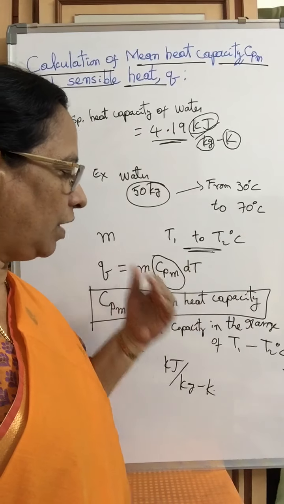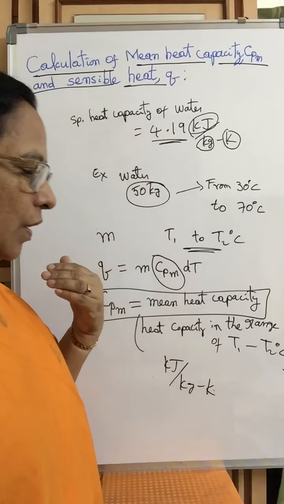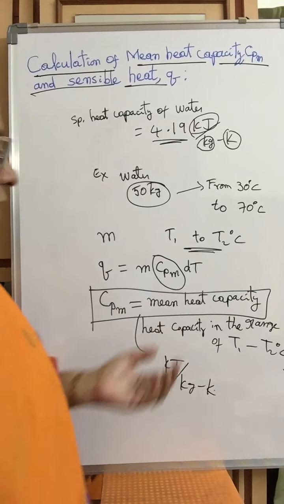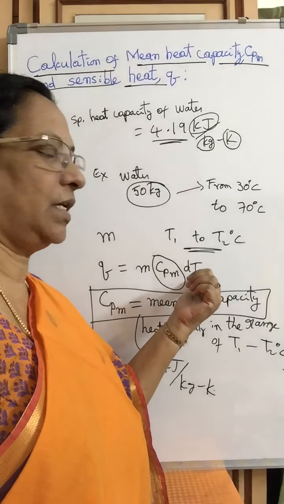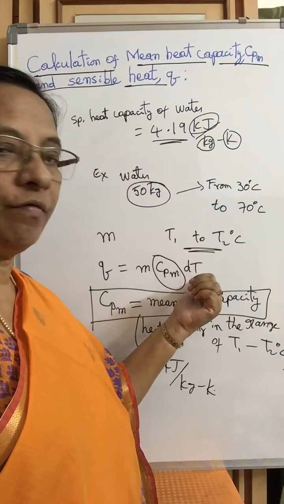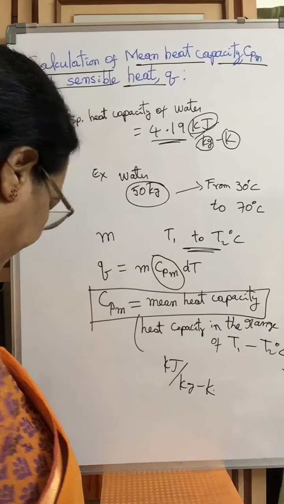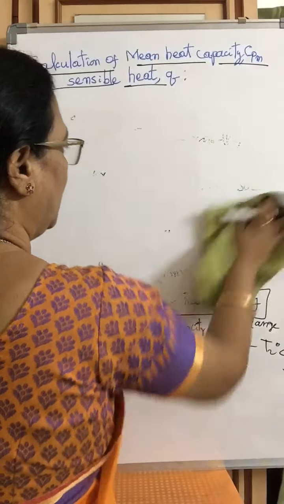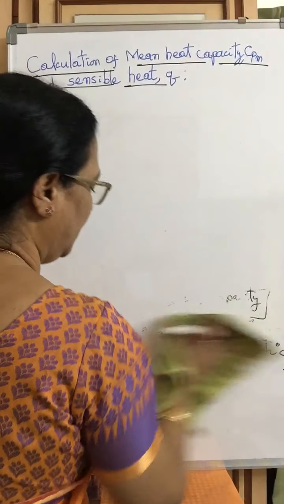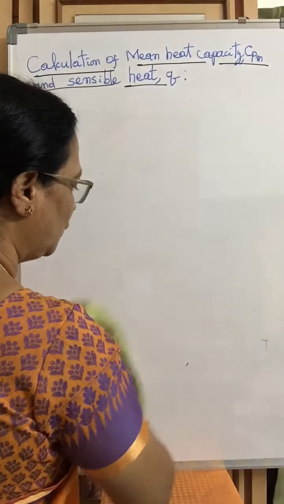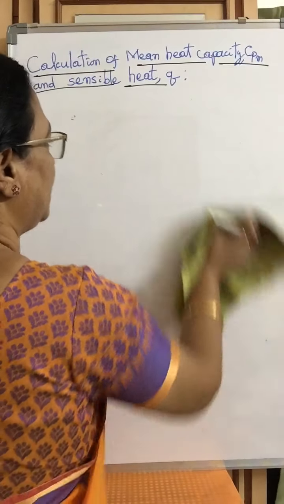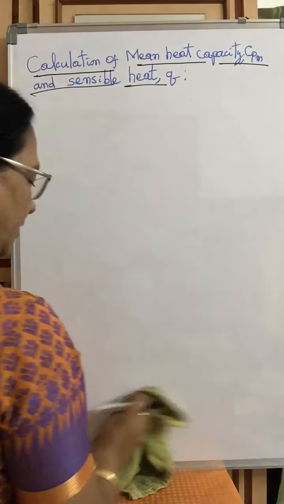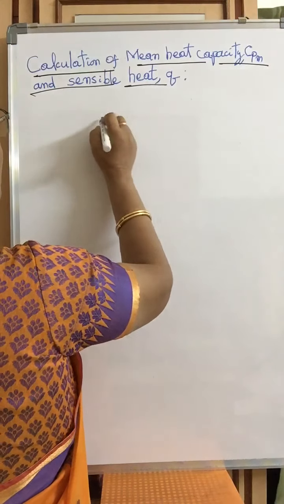Therefore, now we need to learn how to calculate mean heat capacity in the range of T1 to T2. Mean heat capacity calculation is usually of two types. One is for liquids and the other is for gases.